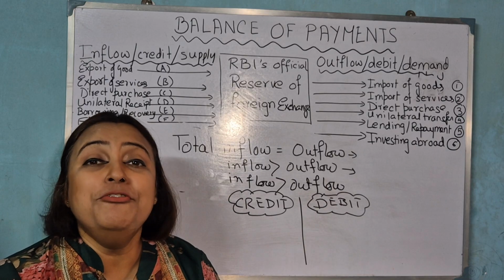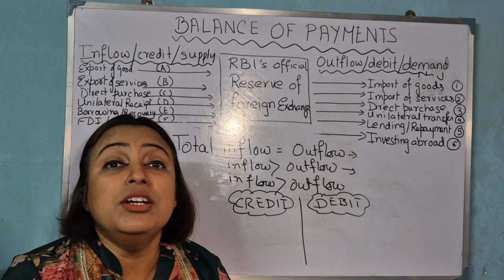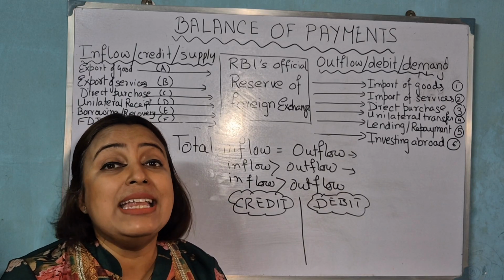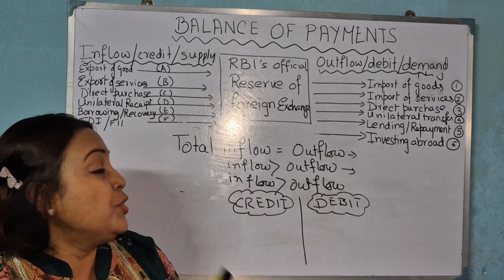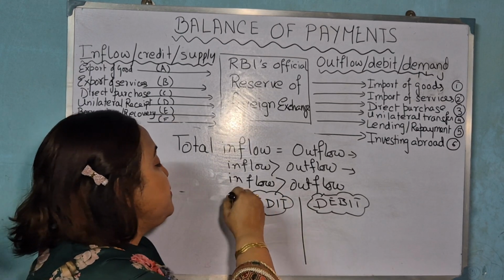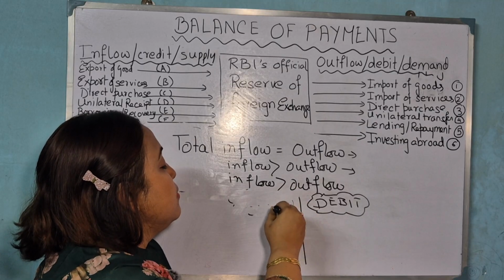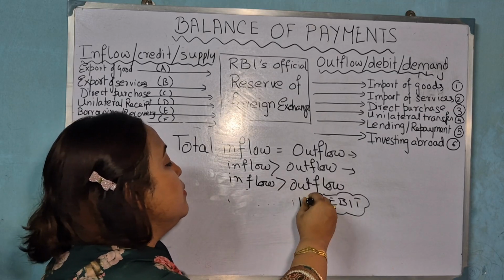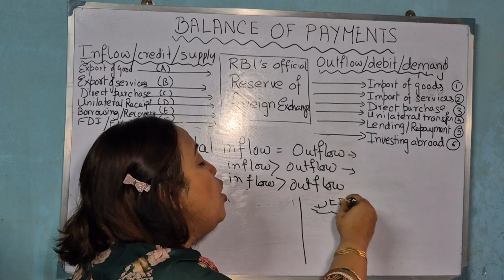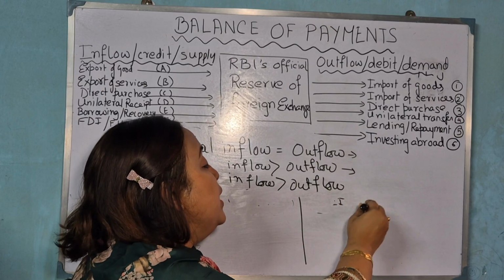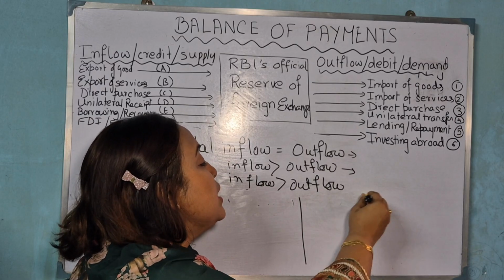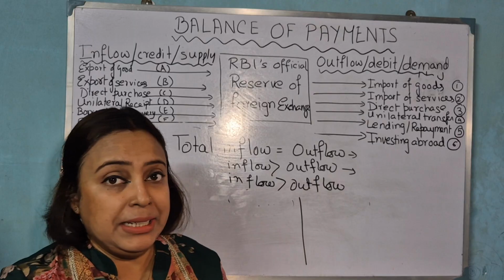Now, from here, we are going to touch upon the concept of autonomous and accommodating transactions. Children, just see this. Autonomous and accommodating. Please look at these things very, very clearly.